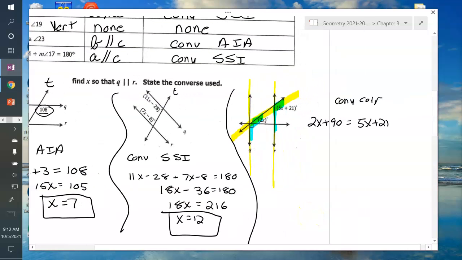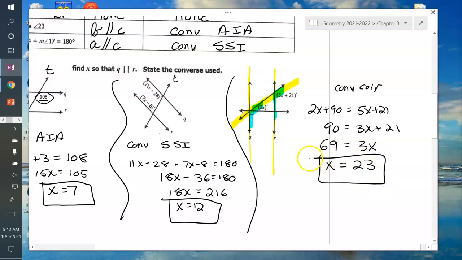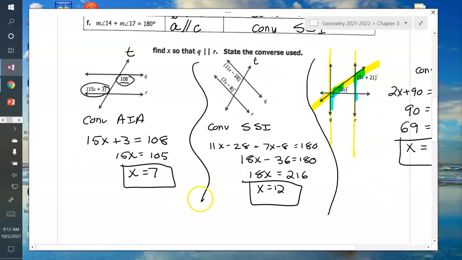And let's solve our equation. If we subtract 2x from both sides, I get 90 equals 3x plus 21. Now subtract 21 from both sides, I get 69 equals 3x, so x equals 23.